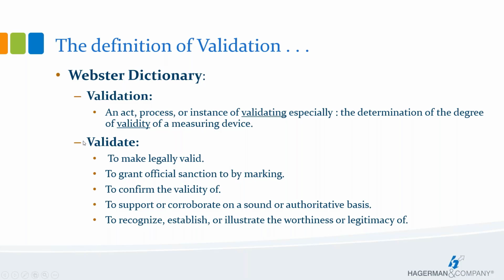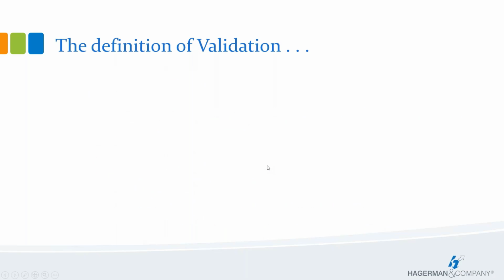To validate is to make legally valid, to grant official sanction to by marketing, to confirm the validity of, to support or corroborate on a sound and authoritative basis, and to recognize, establish, or illustrate the worthiness or legitimacy of.